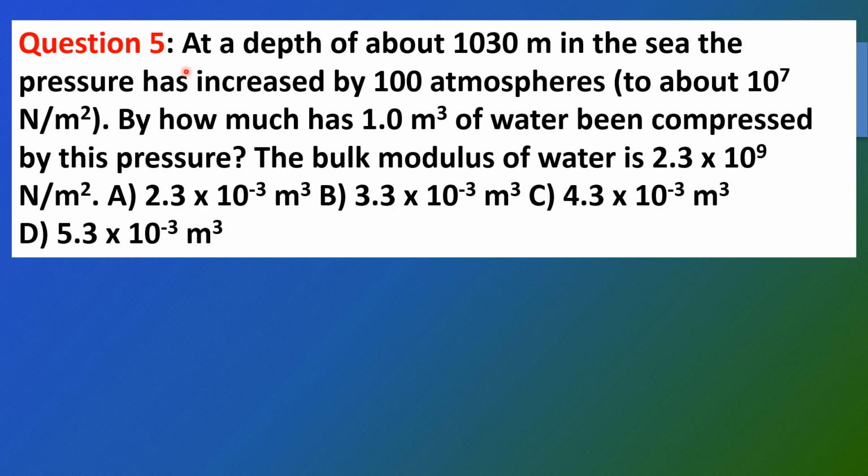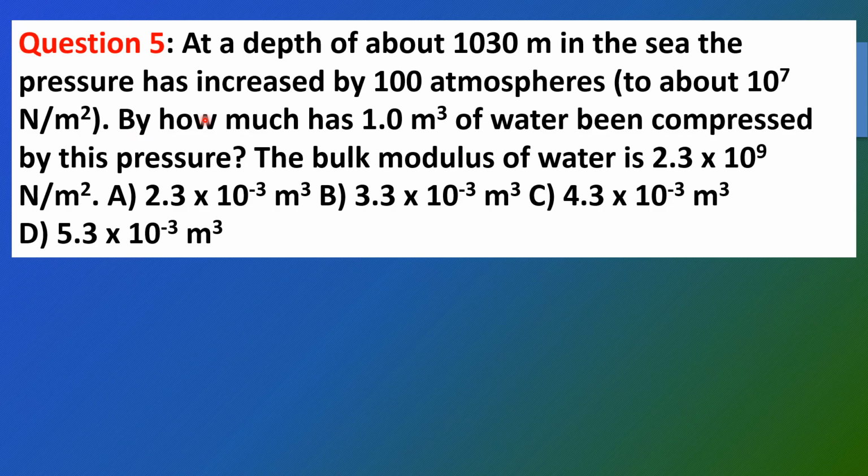And finally, we are in our last question, question number 5. At a depth of about 1,030 meters in the sea, the pressure has increased by 100 atmospheres. That is equal to about 10 to the 7th pascals or Newton per meter squared.